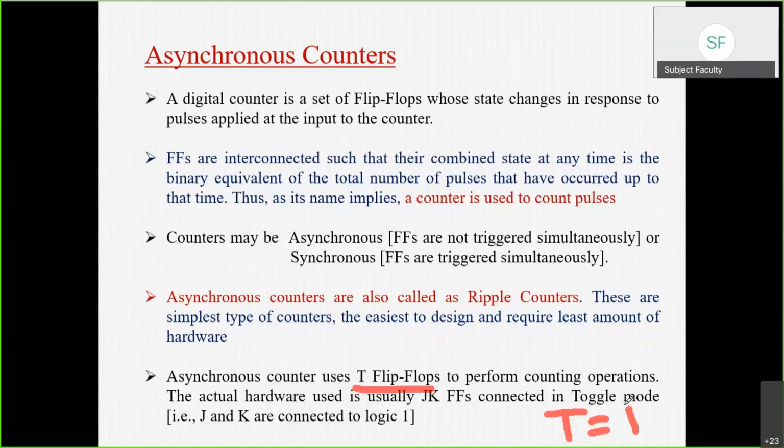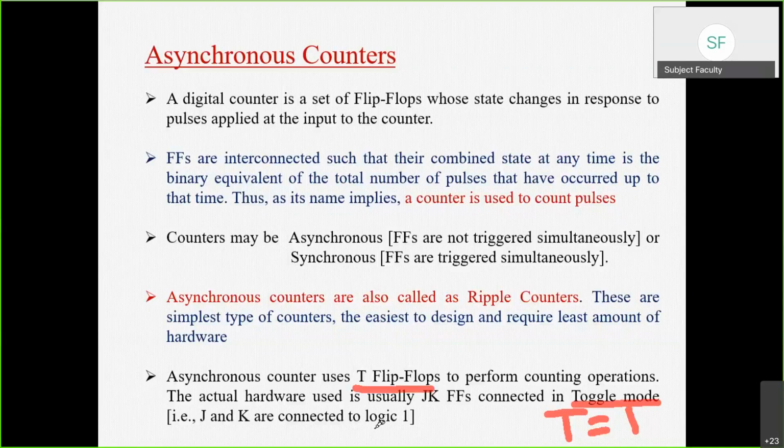Just remember this point, and this is very important: we are operating our T flip-flop in the asynchronous counter in toggle mode. That means we are always making sure that T equals 1. We know that T is nothing but J and K connected together, so J and K are connected to logic 1.